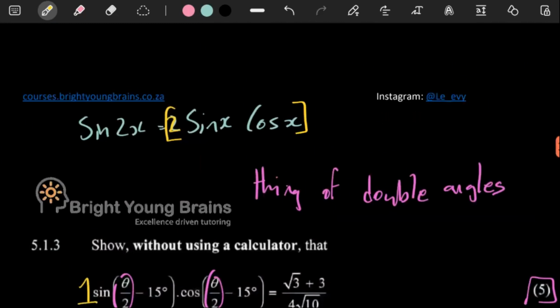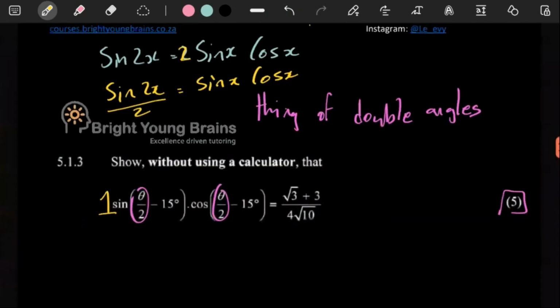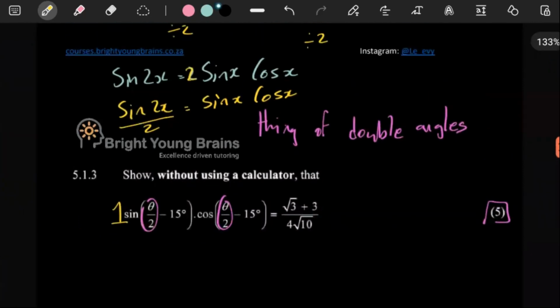What you can do is think of this double angle expression and divide both sides by 2, so that sine x cos x is equal to sine 2x, the whole thing over 2.